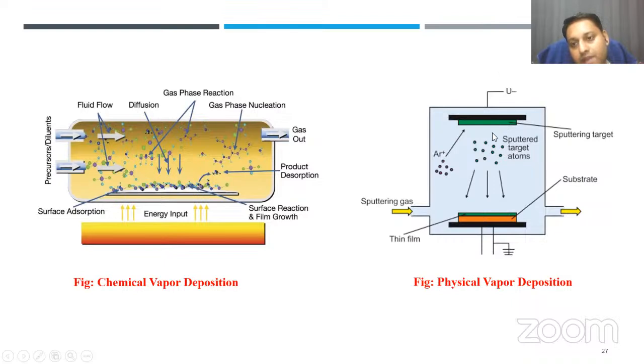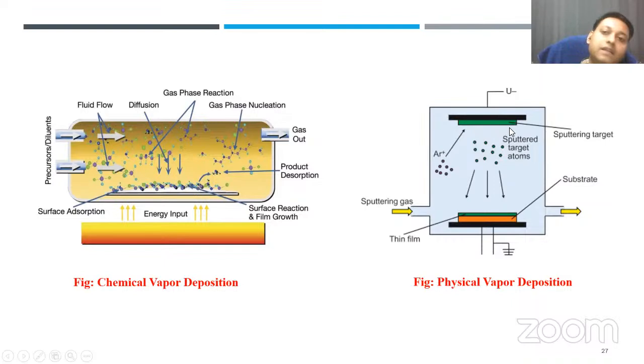Now if you apply a high potential across this target and the substrate, atoms get dislodged from the target material, and they are transported by the gas present here down to the substrate, and with time the substrate gets a deposition of a thin film of the target material.